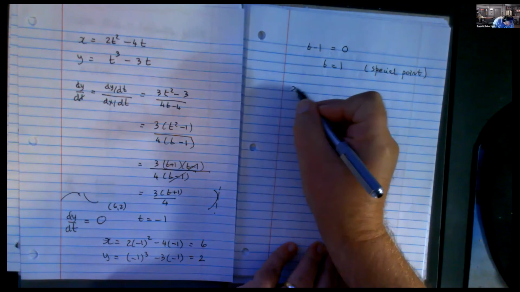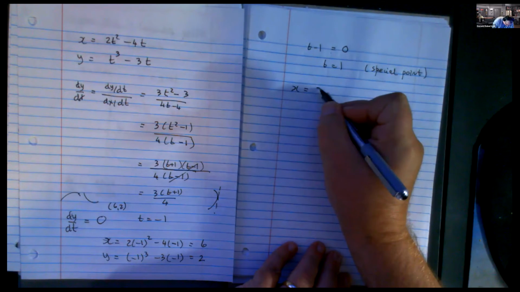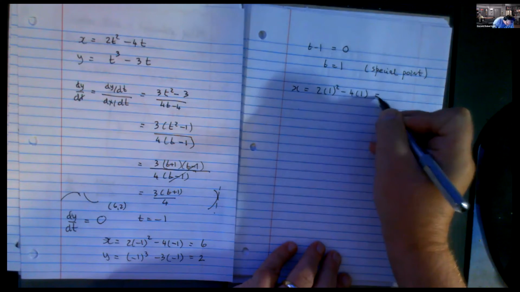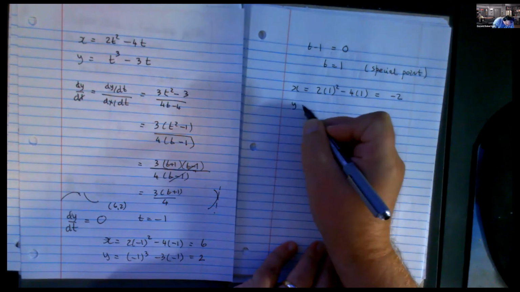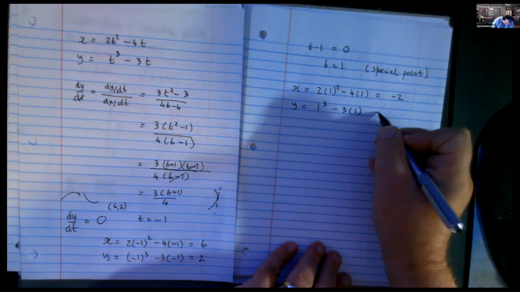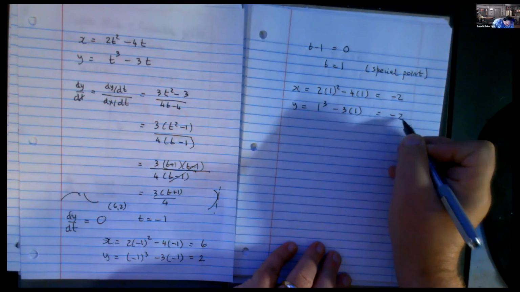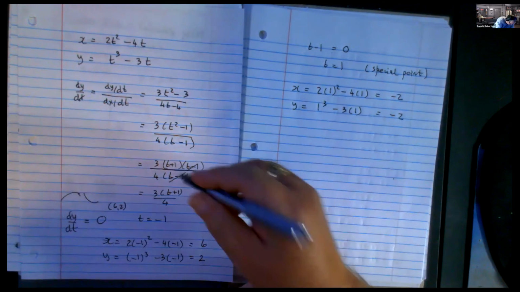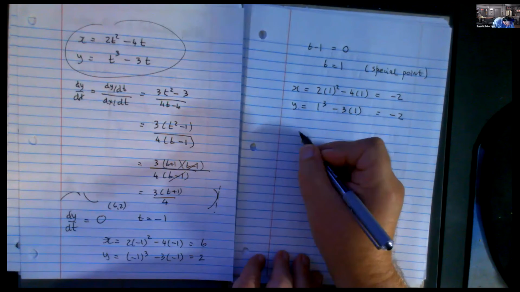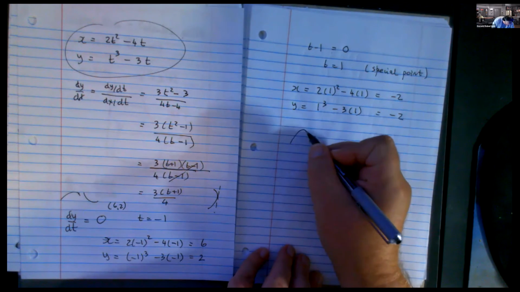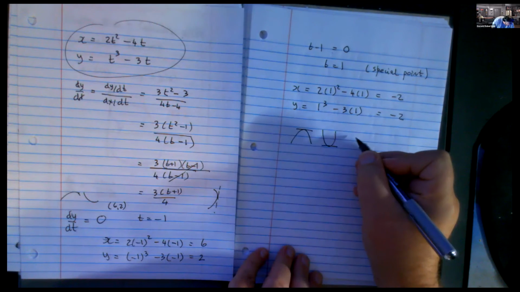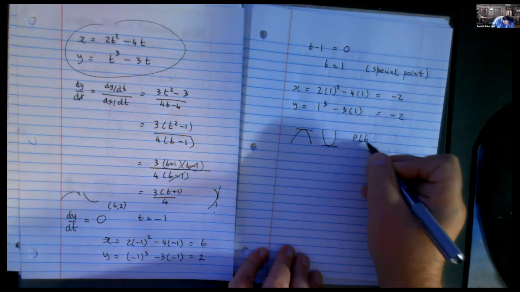Its x coordinate is going to be 2 lots of 1 squared, take away 4 lots of 1, which is -2. And its y coordinate is going to be 1 cubed, take away 3 lots of 1, which is -2. So on this guy here, I am making a prediction that there's a hill or a valley, one of those guys, and it's going to happen at the point 6, 2.